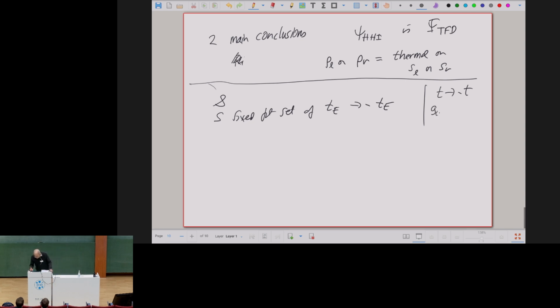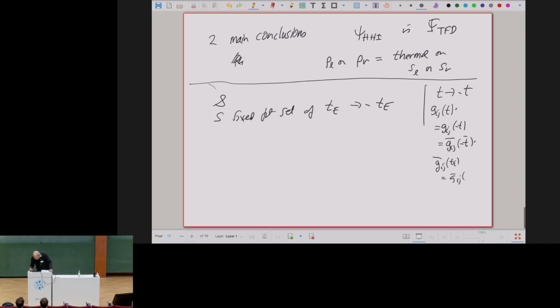That was because Gij of T was Gij of minus T because of the symmetry. And then because the metric is real, that was the same as Gij bar of minus T. And this being equal to this tells us that Gij bar of TE is Gij bar of TE.